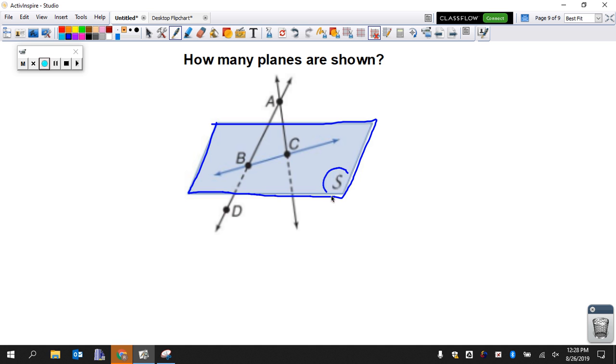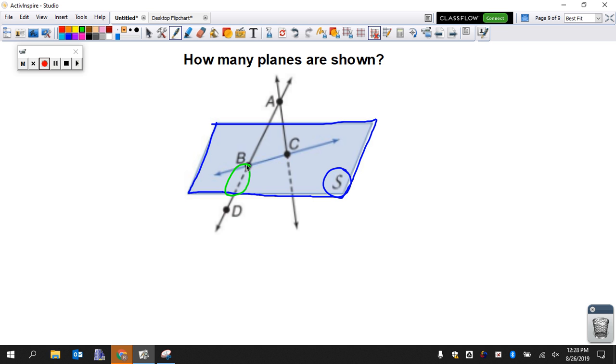It would be plane S. The other plane is different than that, in that if you notice these lines down here from B to D, that right there is actually dotted.